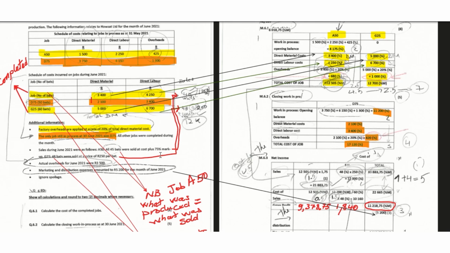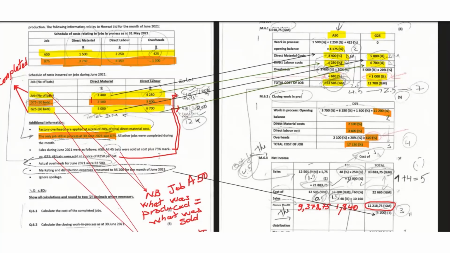So the cost will be 100%, and we add 75%, which is 175%, and that will give us the selling price.